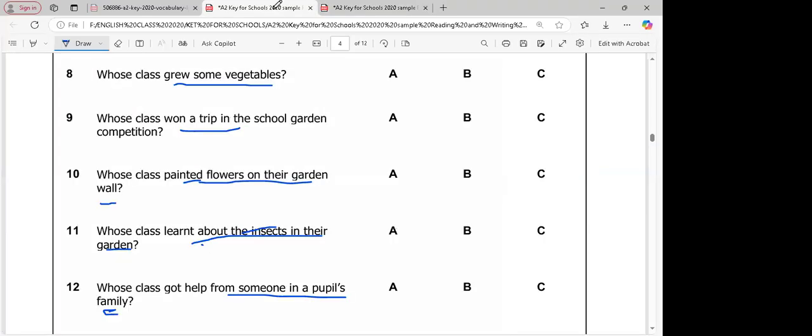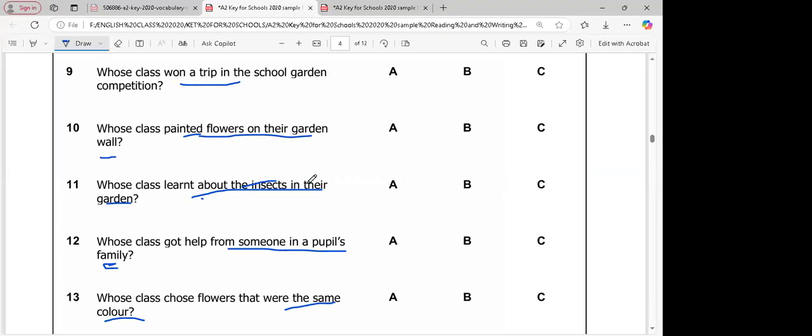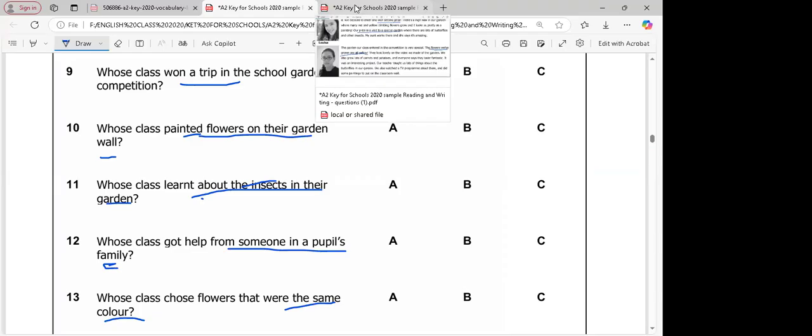I'll show you the questions. Which question matches with this line? 13. Very good. Because whose class chose flowers that were the same color? Okay, so the 13th answer will match with C.